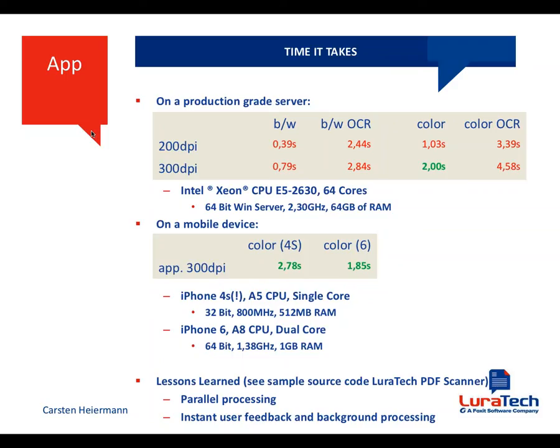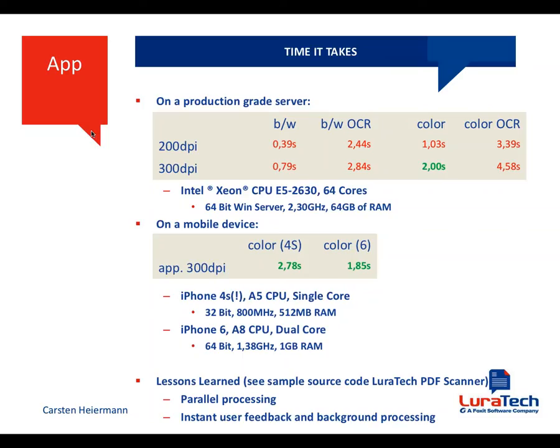On a mobile device, now how fast is it? We measured it again, and we have a wide variety of computational power in these different devices. We have two almost extremes here. We use an iPhone 4S, that's very old, and we use an iPhone 6, not the latest generation 6S with the A9 CPU, but an iPhone 6 with the A8 CPU in there.